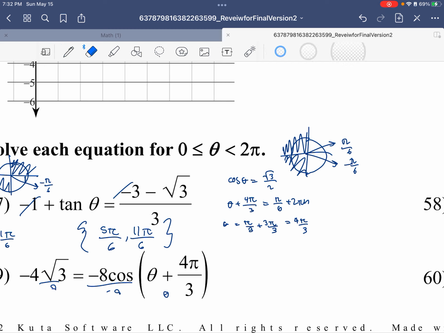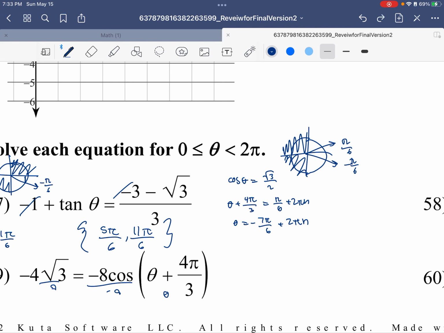Wait, hold on. I am skipping a few steps. Let me write them out so it's more clear. There we go. We have this now, and now let's plug in the values into n and see what would give us a solution within this domain.